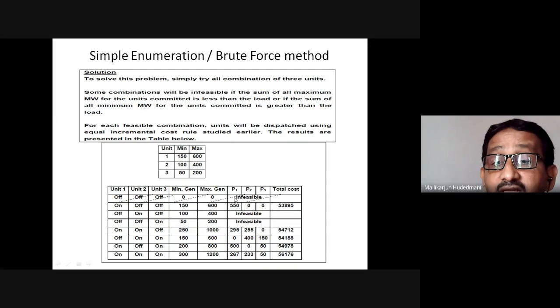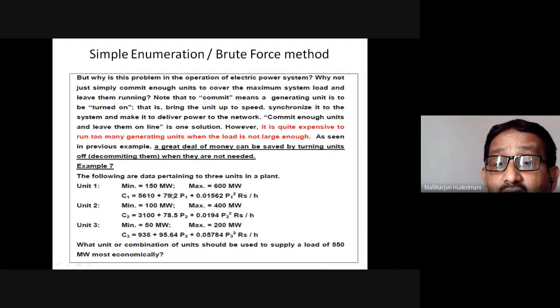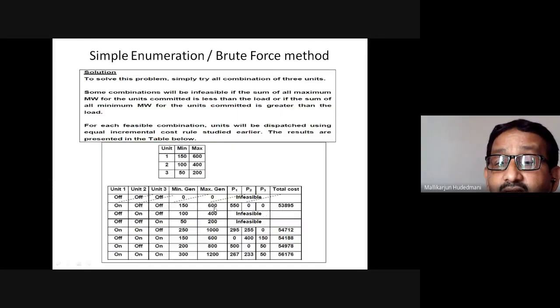Here I am not given any target. Let me go back. This machine is given a condition of minimum 150, maximum 600. What is my load? 550. It is able to cope up. Hence, I will write here 600 is the maximum, 550 is the target. It can definitely share, and the other two are not in the picture.